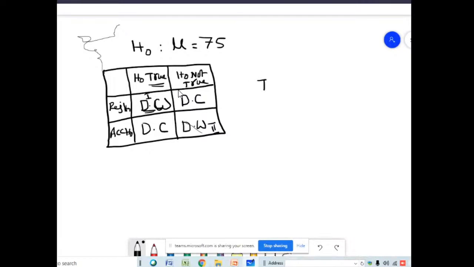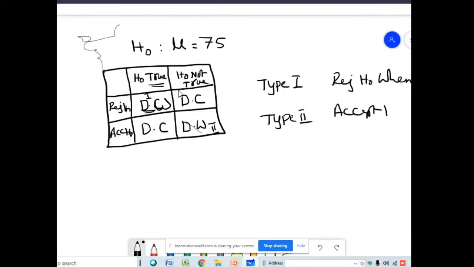So the type 1 error is to reject H naught when H naught is true, and the type 2 error is to accept H naught when H naught is not true.